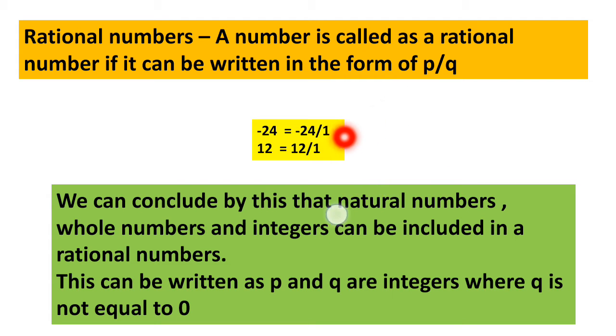So Q we can take as 1 and we can write any number as a fraction. By this we can conclude that natural numbers, whole numbers and integers, everything are included in rational numbers. And this can be written as P and Q are integers where Q is not equal to 0. Yes, friends, Q should not be equal to 0.